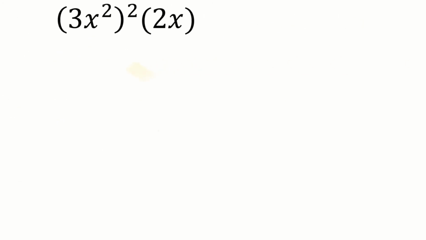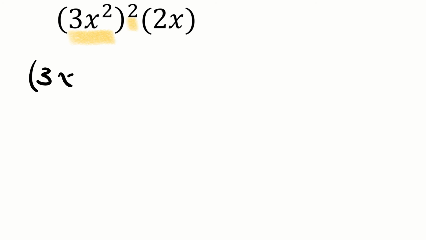B. I'm going to multiply some things here. Well, first, let's square this. You can see that this is being raised to the second power, so I have to square that thing in parentheses. To square it means I'm multiplying it by itself. And because there's just two of them, I could reasonably write that out.